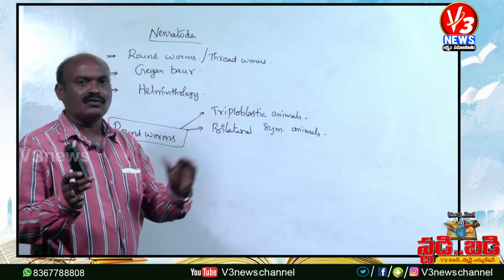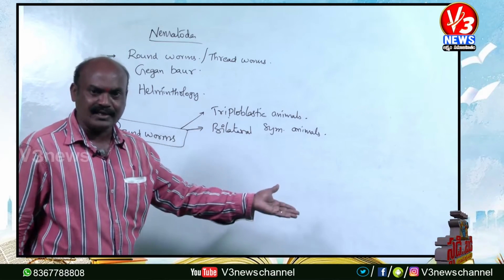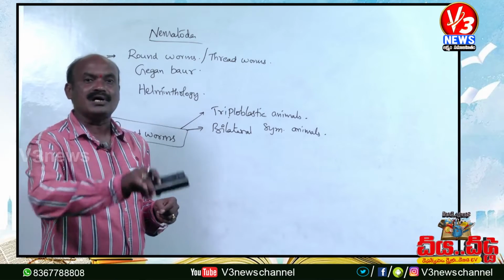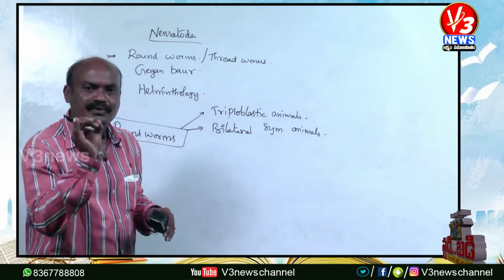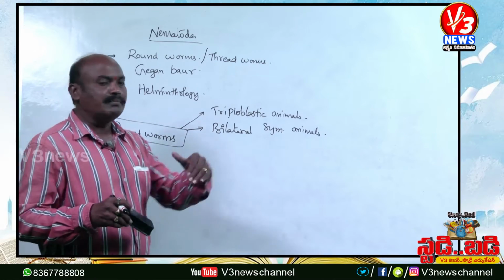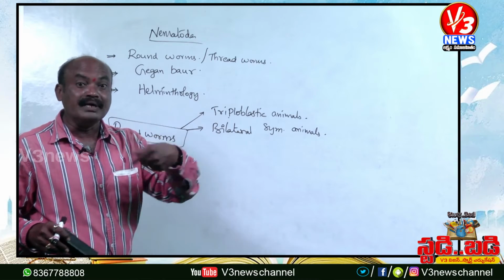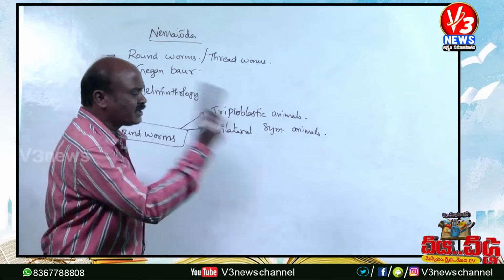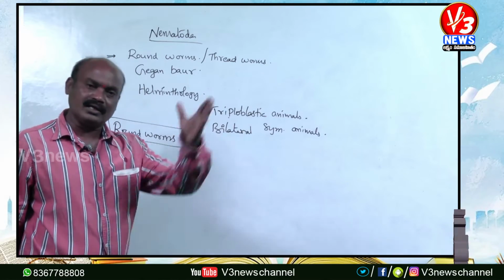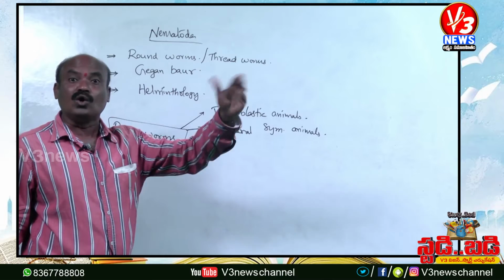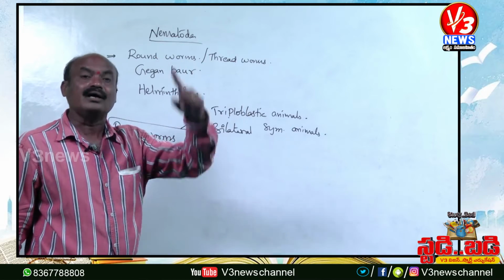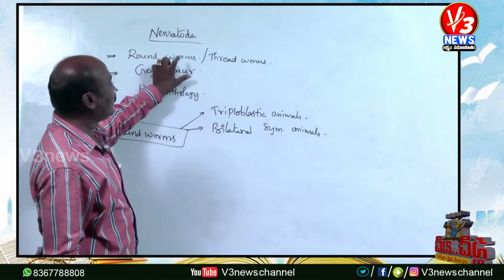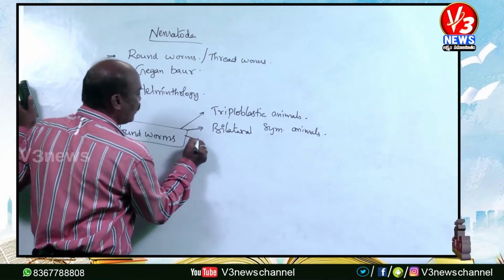The reason we already discussed in our previous class: due to the first appearance of the mesoderm layer, that mesoderm gives rise to mesenchymal tissue. That mesenchyme occupies the space between the body wall and gut. That's why there is no coelom. Hence flatworms are acoelomates. But the roundworms are pseudo.